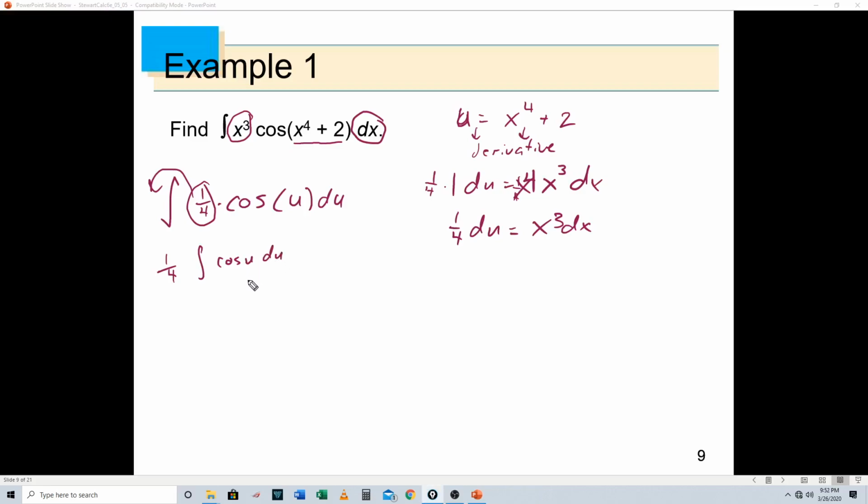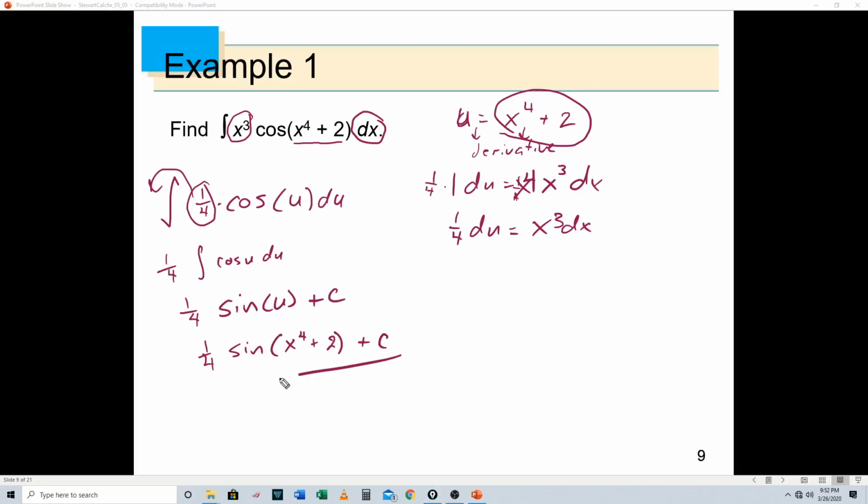Since the derivative of sine is cosine, the integral of cosine is sine. So 1/4 sine u plus c. Don't forget to add the constant, because this is an indefinite integral. Then all we do is plug this back in for u. So 1/4 sine of x to the 4th plus 2 plus c.